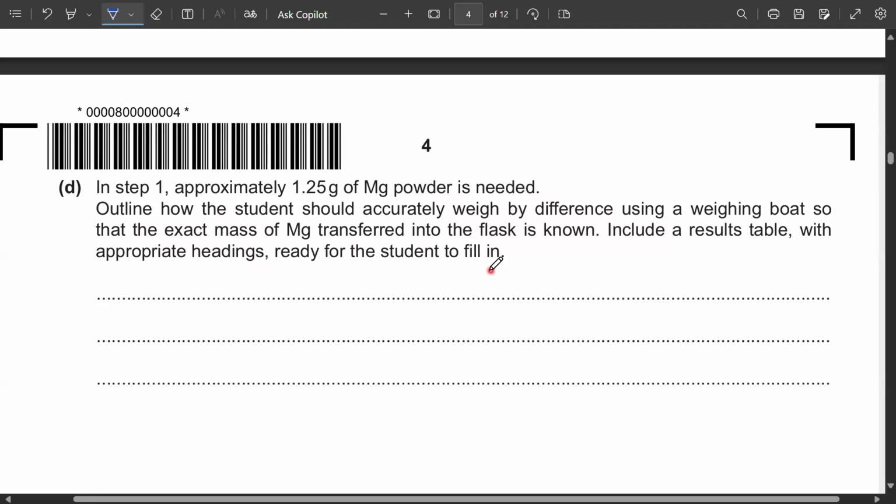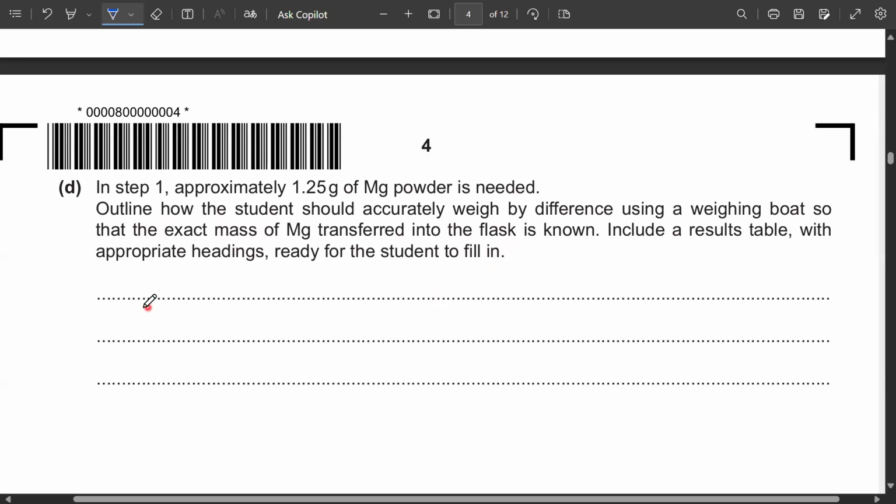You used to measure that mass on the weighing machine, and after transferring that solid into the chemical reaction, you used to again measure the mass of the same container along with the lid or without the lid, whatsoever you used. And that difference gives you the exact mass you used for the experiment. So you have to recall that knowledge, and you have to use the right headings here in sequential form.